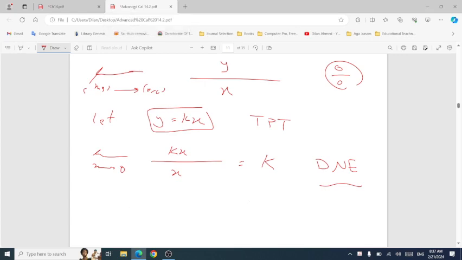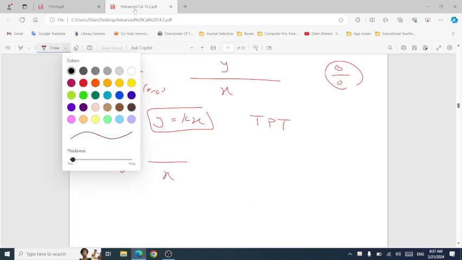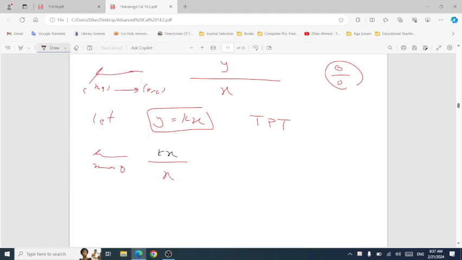Then the limit of kx as x approaches 0, I get a constant k, am I right? And I say it does not exist. Clear? Why does it not exist?